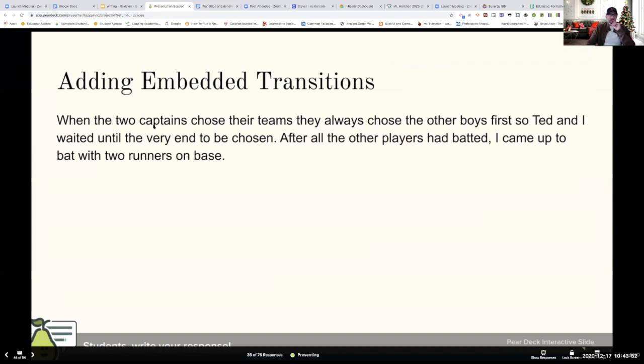The two singular transition words that we're looking for here move us forward in time or orient us in time.